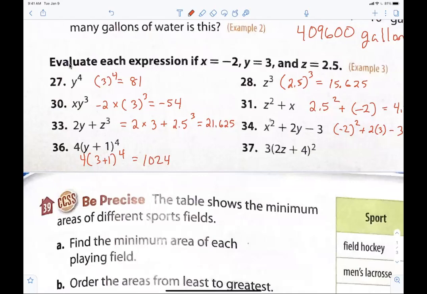Jacob's gonna do 37. All right, let me get you straight. So number one, 3 parentheses, 2 times 2.5 plus 4, closing parentheses, 2 which equals 243. Let me see if you're right. Did you say 243? Yes, I did. All right, that feels good. 243. I'm pretty happy.